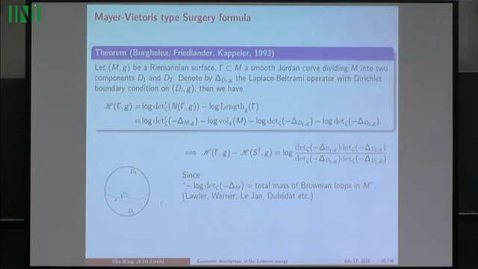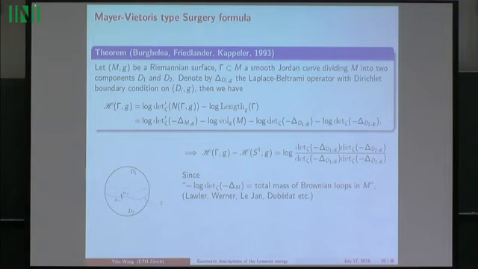There's also an interpretation of this term, the log of determinant of the Laplacian. It can be seen as the total mass of Brownian loops contained in this manifold M. The Brownian loop measure is a conformally invariant measure on loops, introduced by Lawler and Werner. And this equality, how to interpret the log of determinant as a total mass, is also the work of Yves Le Jan and Julien.